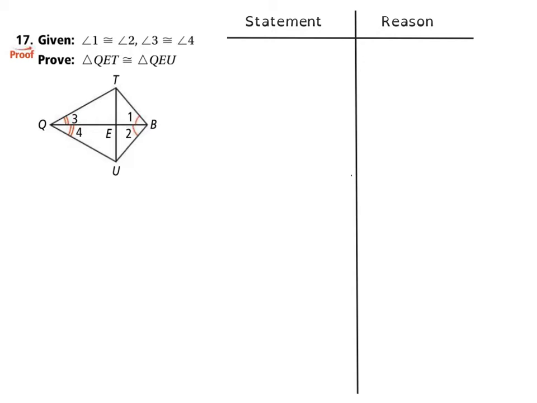They're asking us to prove that QET, which is this, is congruent to QEU, which is this triangle, and that triangle and that triangle are congruent. Right now, we've got some good information on those two triangles. We've got an angle that we know is congruent, and we have a shared side, that Q to E side.